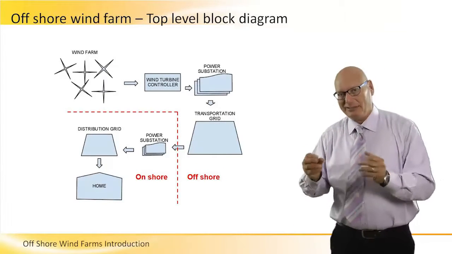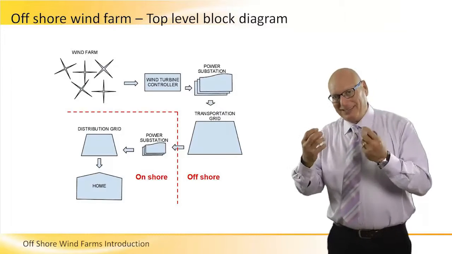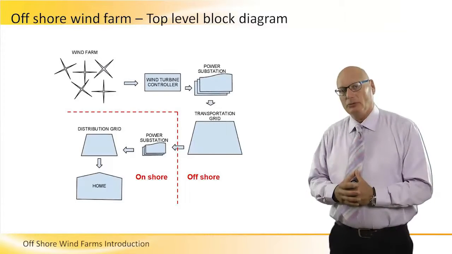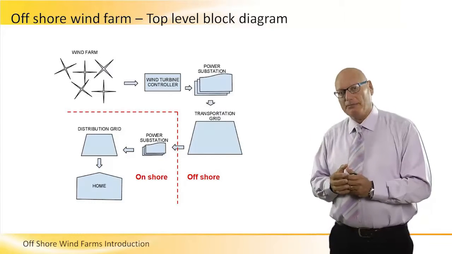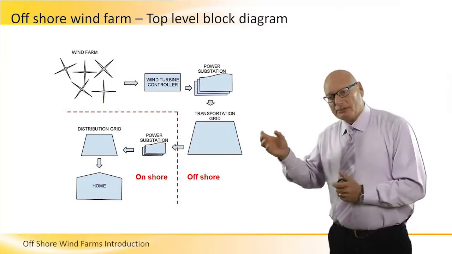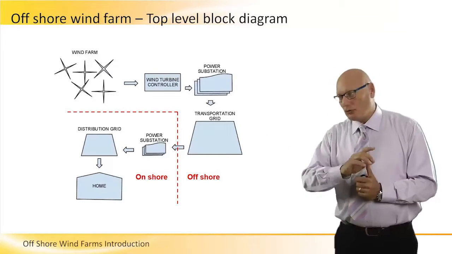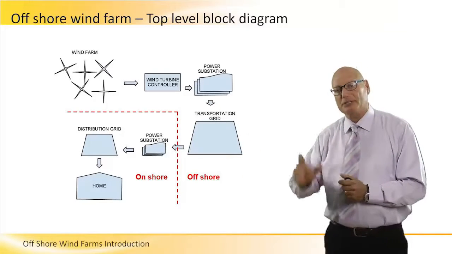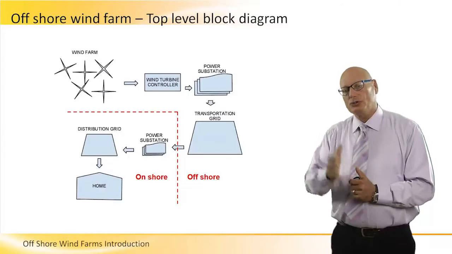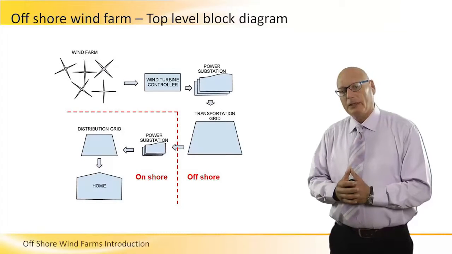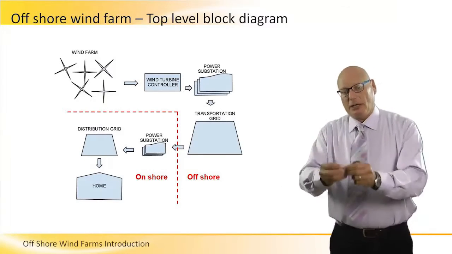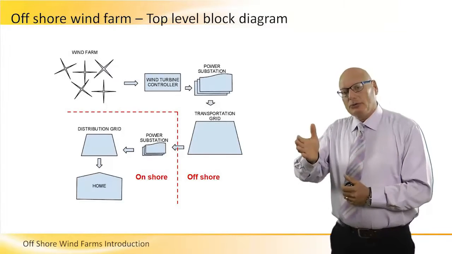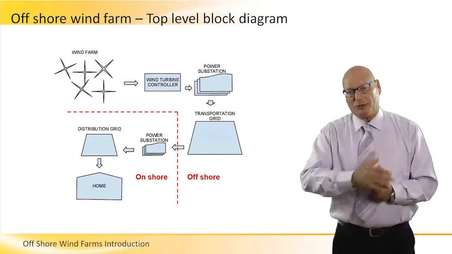We will discuss in depth what a cable is. We will see the content of the cable. That transportation grid runs 20 kilometers, 30 kilometers, sometimes 40 kilometers up to the onshore, where it meets a power station to step the voltage down.